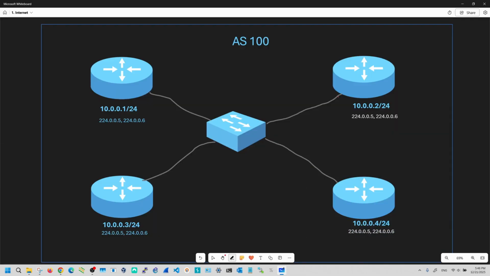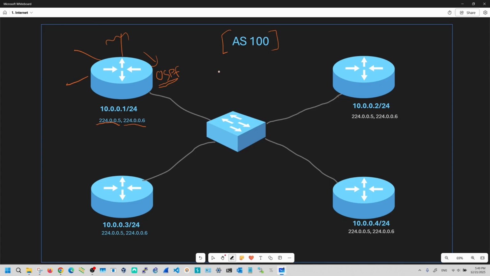Let's again say that we have an autonomous system and we will configure OSPF on all 4 of these routers. What we would literally do is go to this router and configure a so-called OSPF process and advertise any routes that we are connected to, any networks that we want to advertise to other routers. By doing so, our router will start listening on so-called multicast IP addresses that are reserved for OSPF as a protocol.